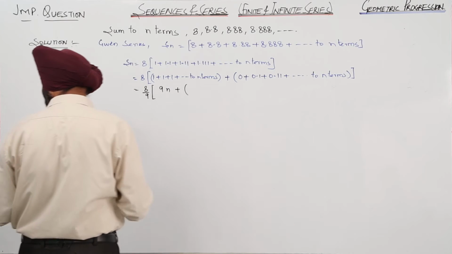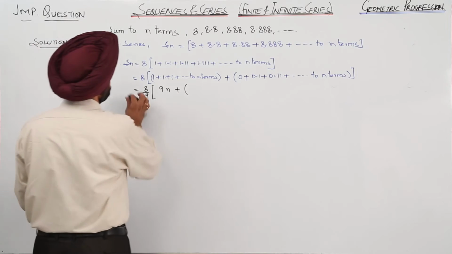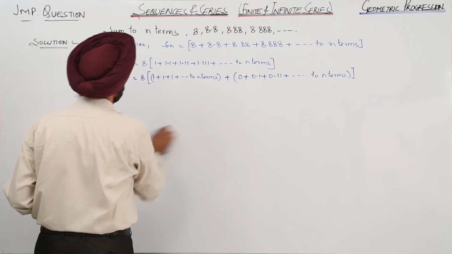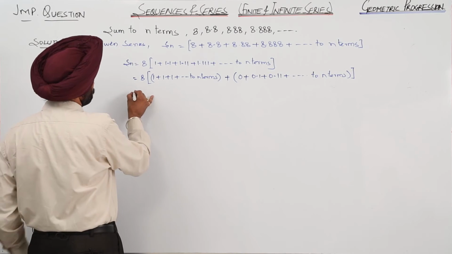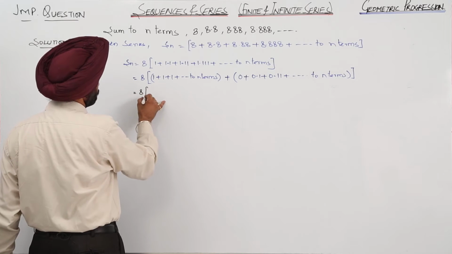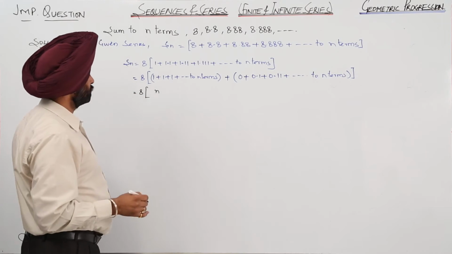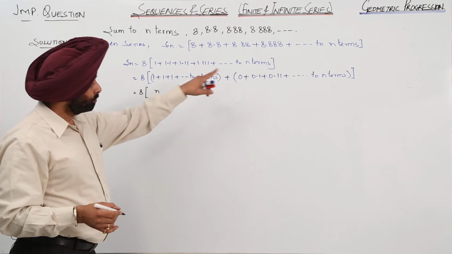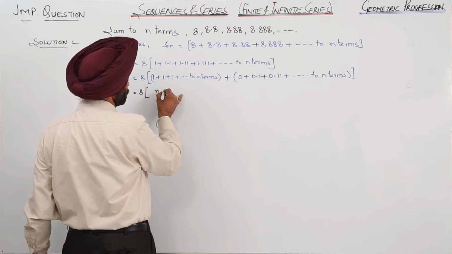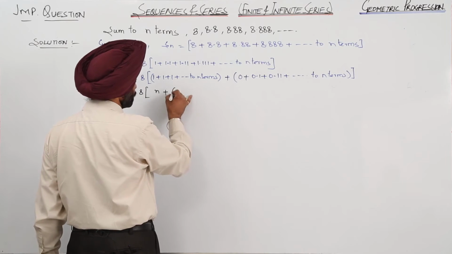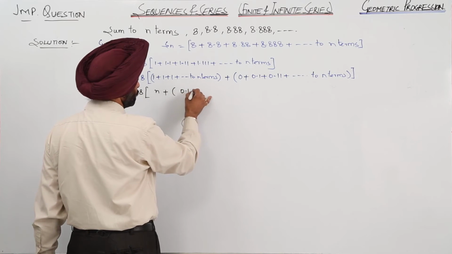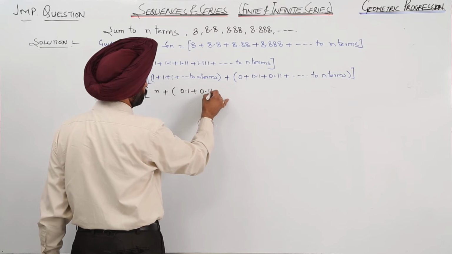Let me write another step just to make you more comfortable. 8 with n, plus, now to this what I am writing, 0.1 + 0.11.